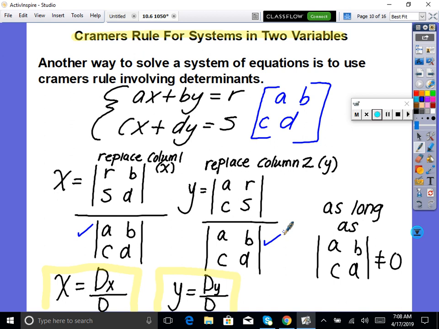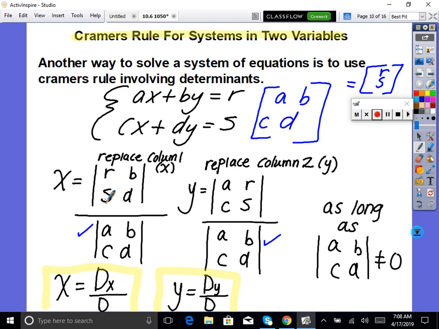Now what's on top is the determinant of replacing the equal sign, sorry, how do I say this? The equal matrix, so our equal matrix is RS. What you're going to do is replace the variable you're solving for column. So notice, instead of AC, since that's the column for X, I've taken RS and put it there instead.